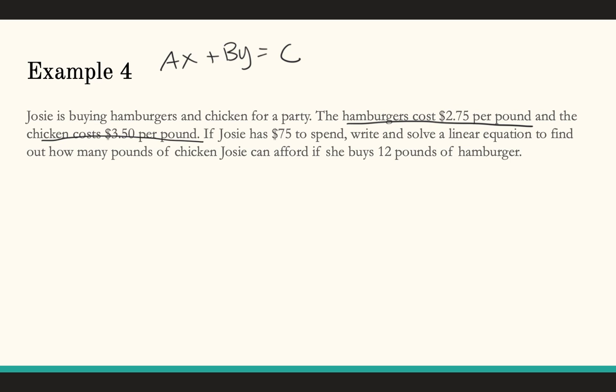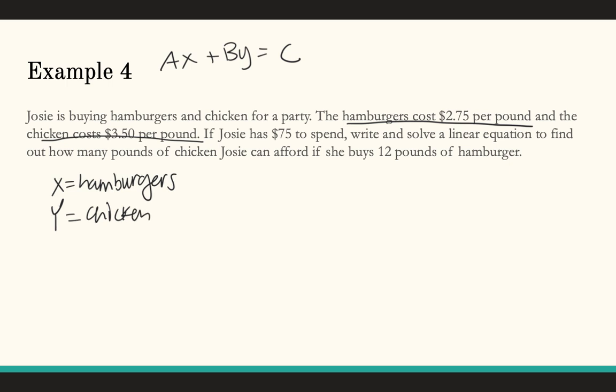And we know how much money she has to spend. So here's how we tell that we're using standard form. We have per pounds, but we have 2 values. We have hamburger and chicken. As the directions mention, when you're using standard form, it's important to name your variables. So I'm going to use x for hamburgers, and I'm going to use y for chicken.